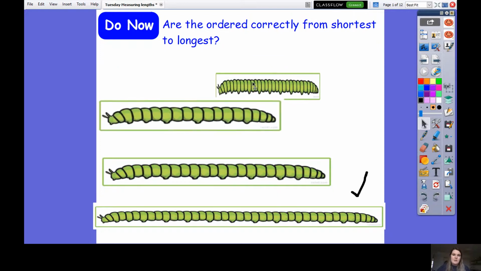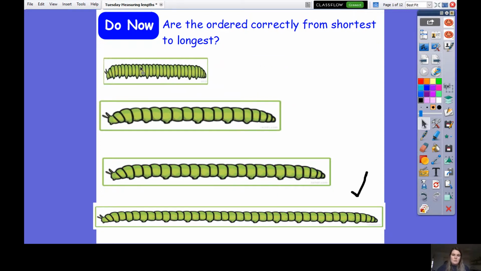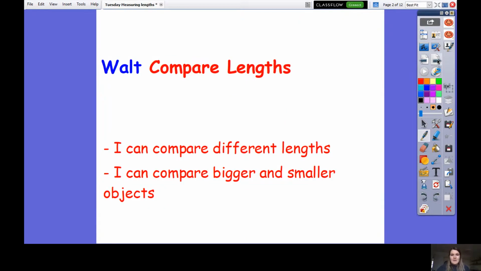If we move this one down, we need to put them in the right order. So this is our shortest caterpillar, and at the bottom is our longest. Are they in the right order now? They are. Very good, because we know that this one is longer than this one if we were comparing all of them. Fantastic, everyone.